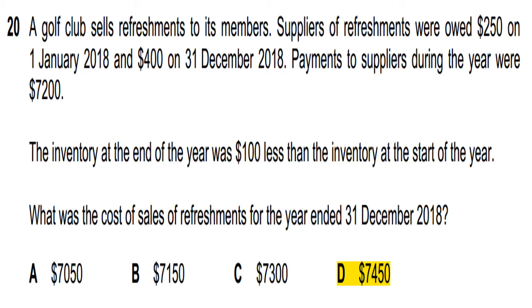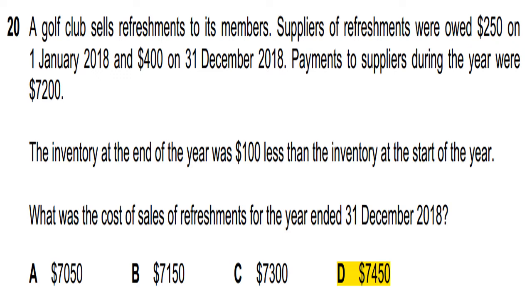In this statement, he is saying that if the ending inventory will be 100 less as compared to start of the year's inventory. So if the beginning inventory will be 500, then ending inventory will be 400, because 100 less will be ending inventory.